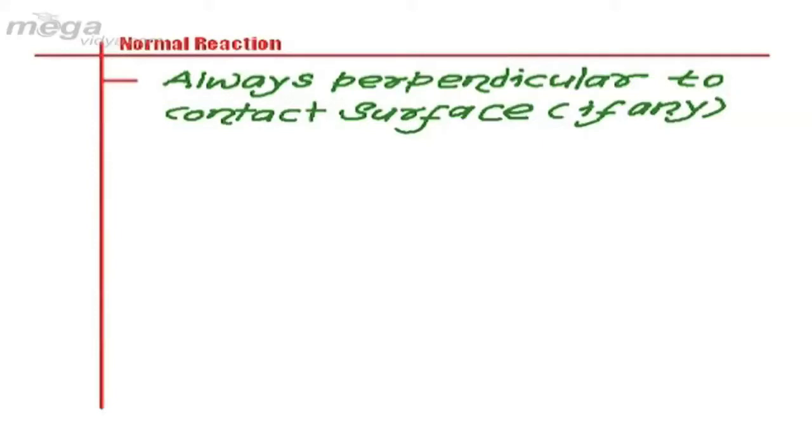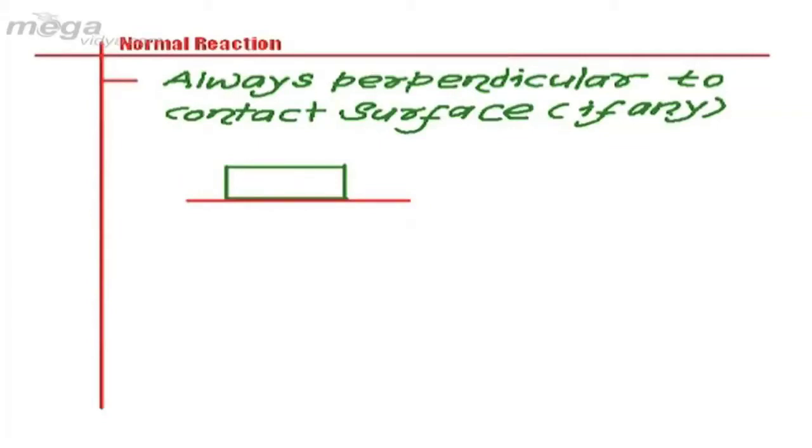Normal reaction is a component of contact force perpendicular to the contact surface. If there is any contact surface, then this normal reaction will be perpendicular to it. See, this is a block which is kept on this horizontal surface.